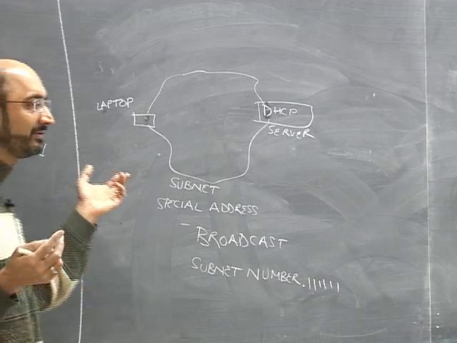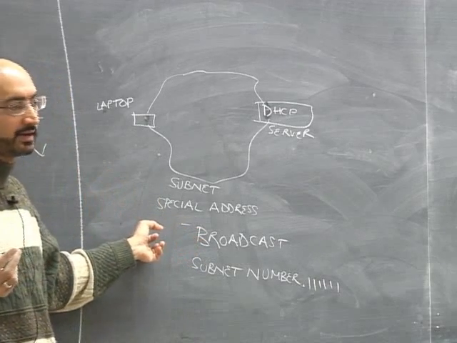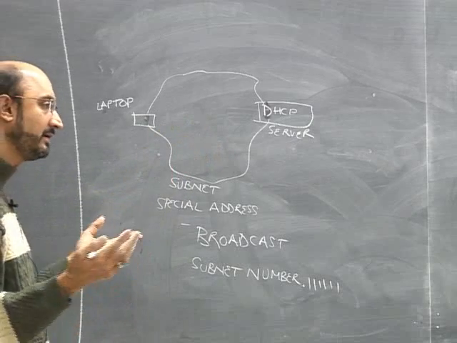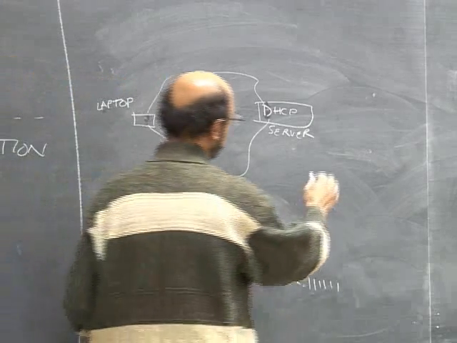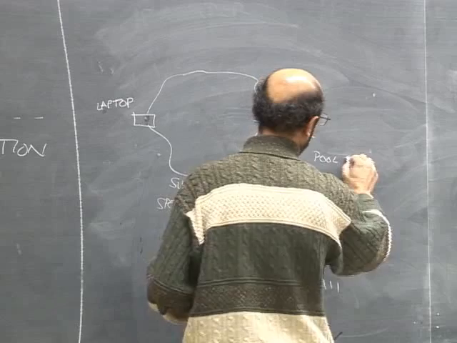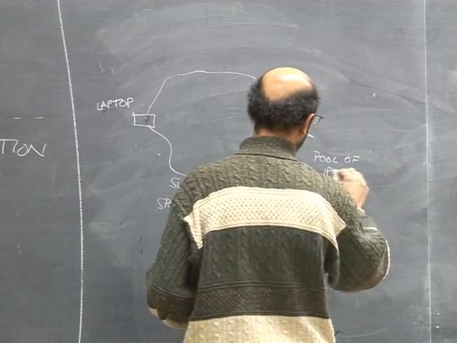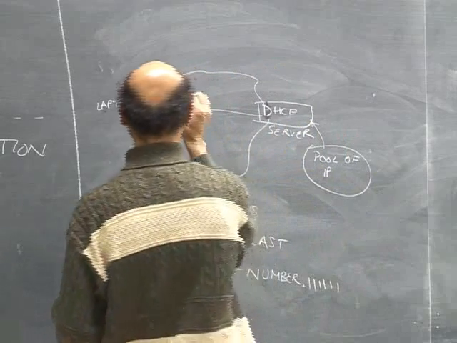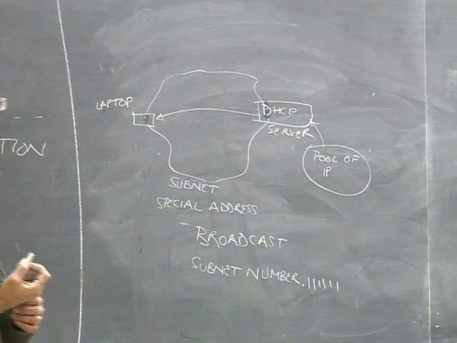Because everybody can get to it, certainly the DHCP server can get it, and what it does is say, okay, I have a pool of IPs, and it's going to pick an IP and send it back to the laptop saying, here, use this IP.